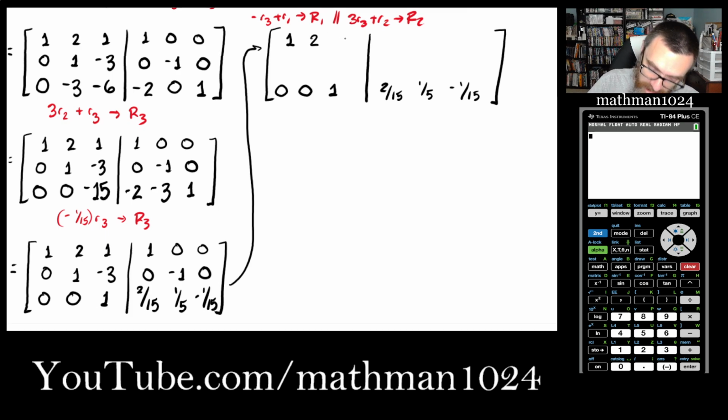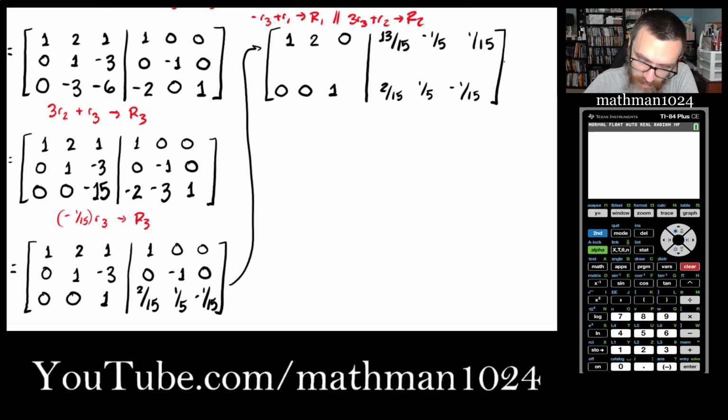Negative 1 plus 1 is 0. Negative 2/15 plus 1 gives me positive 13/15. Negative times 1/5 plus 0 is negative 1/5. And then negative and negative is a positive 1/15 plus 0 is 1/15. Okay, that doesn't seem to be too terribly bad right now.